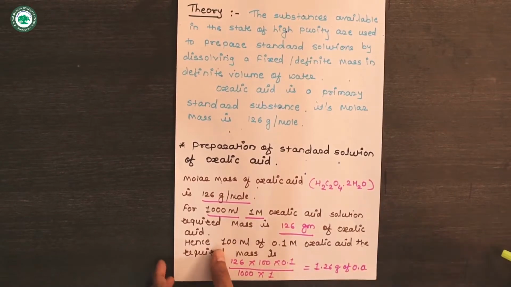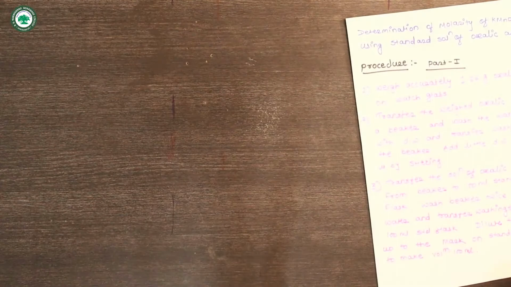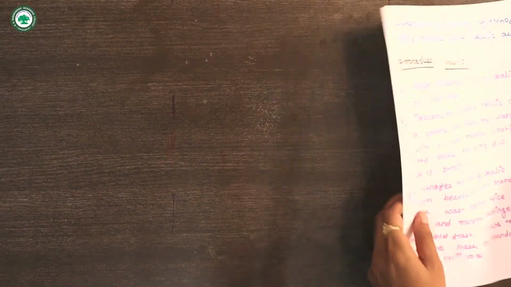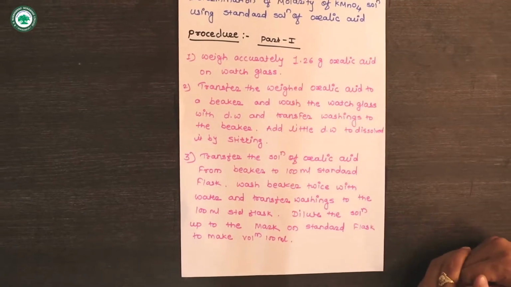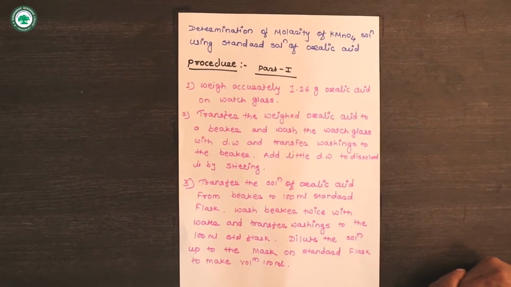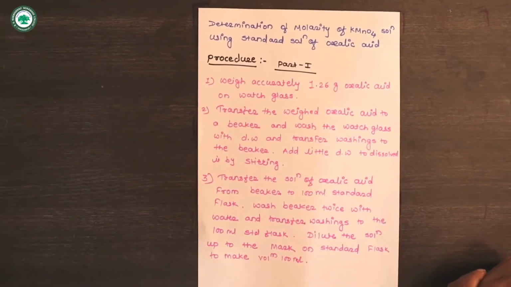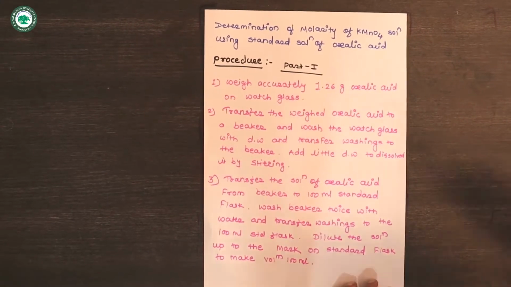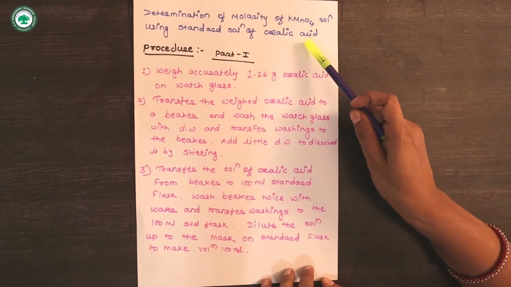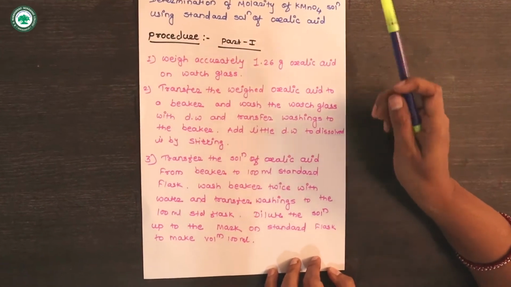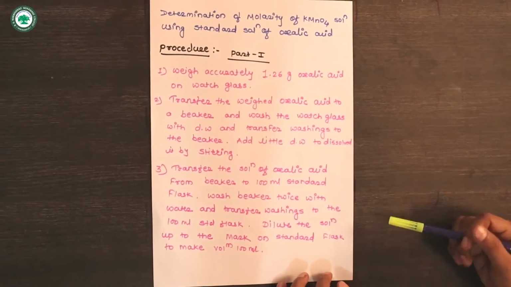Okay, now next is the procedure. The procedure has two parts. The first part is we prepare the oxalic acid solution, and the second part is we find out the molarity of KMnO4 solution using the standard solution of oxalic acid.